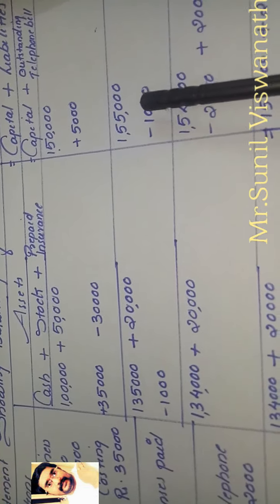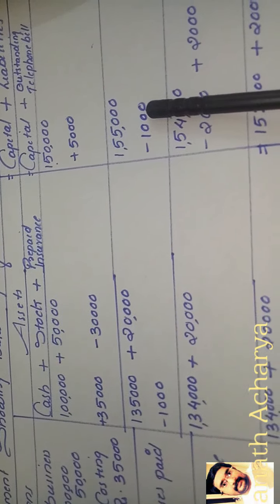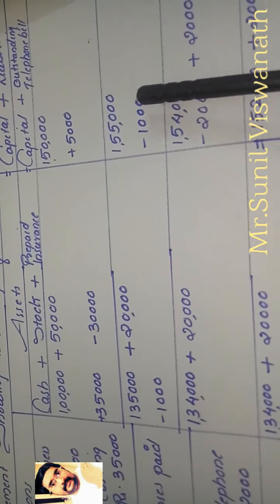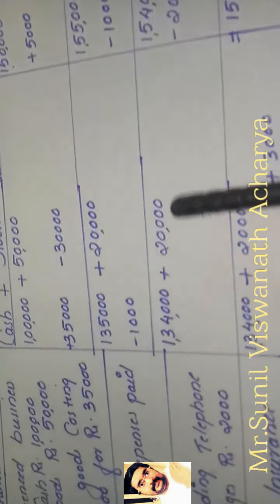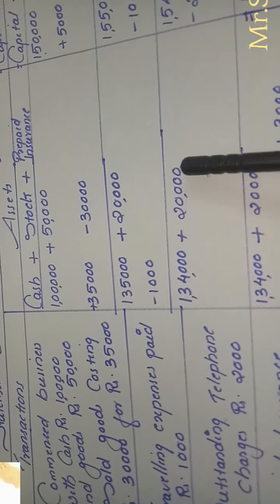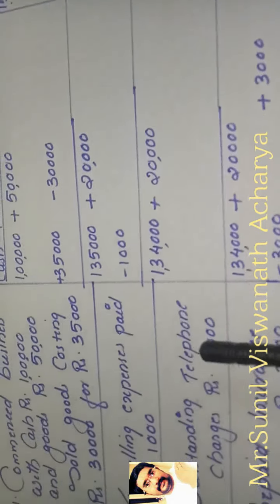Profit will come down, so it is a loss. That's why the capital, the owner's equity, also will come down. So 1,50,000 capital minus expense, balance 1,54,000. So now cash is 1,34,000, stock is 20,000, capital is 1,54,000.